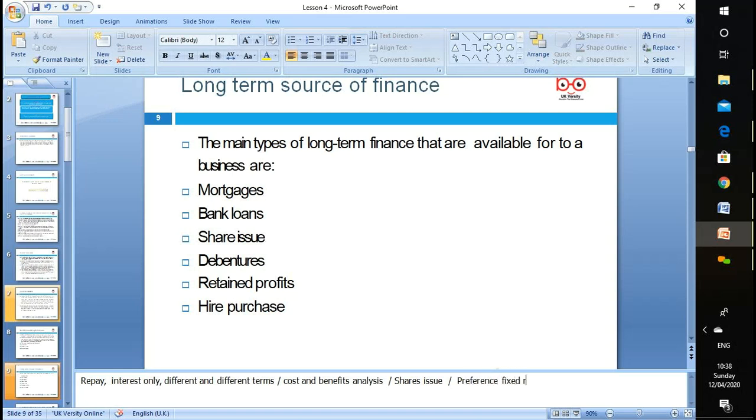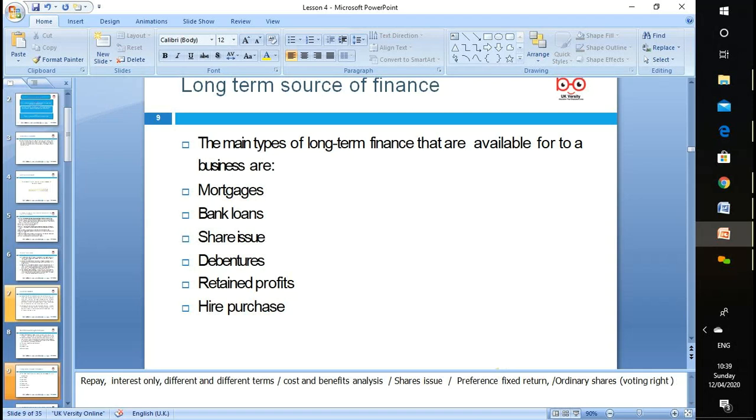Preference shares pay a fixed return, and ordinary shares carry voting rights, and shareholders can change the management. So we have to be balanced. And normally shares are more expensive than equity.